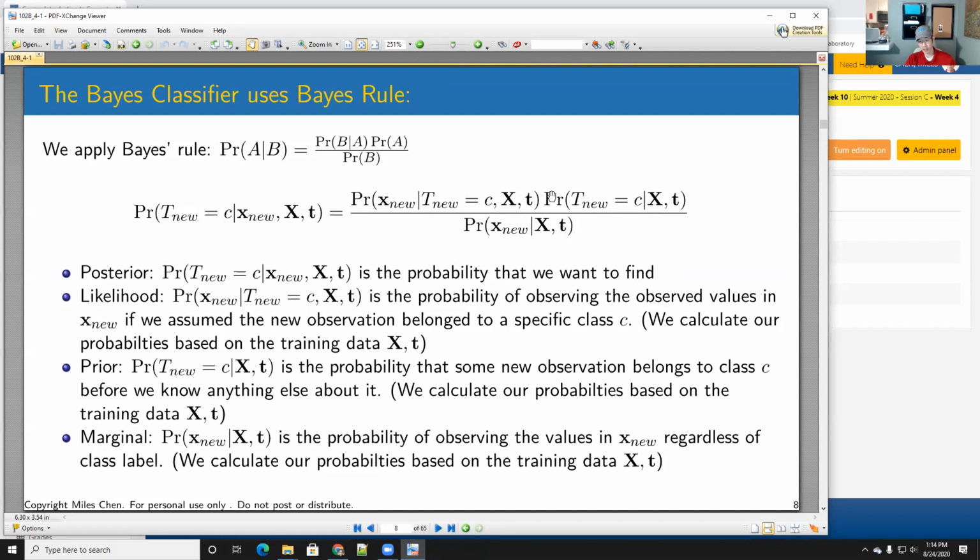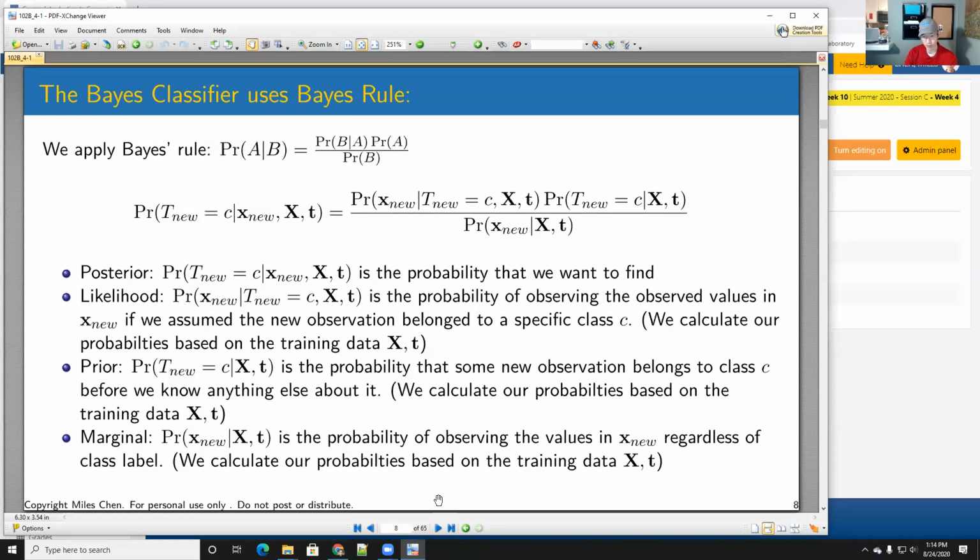And then we divide this by the probability of X nu, okay? X nu is the probability of getting the values in our vector X nu regardless of the class label. So there's no class label T nu equal to C. Whatever the class label, whether it's class A, B, or C, what's the probability of getting the values that we observed, X nu, okay?